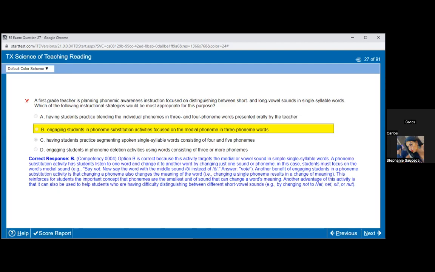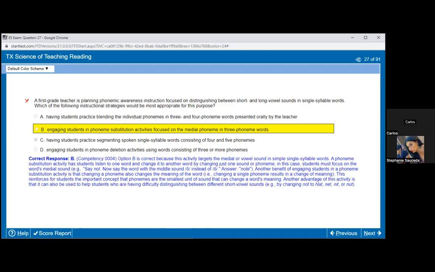Bought, bat, bet. The next one is having students practice segmenting spoken single syllable words consisting of 4 and 5 phonemes, and engaging students in phoneme deletion activities using words consisting of 3 or more phonemes.